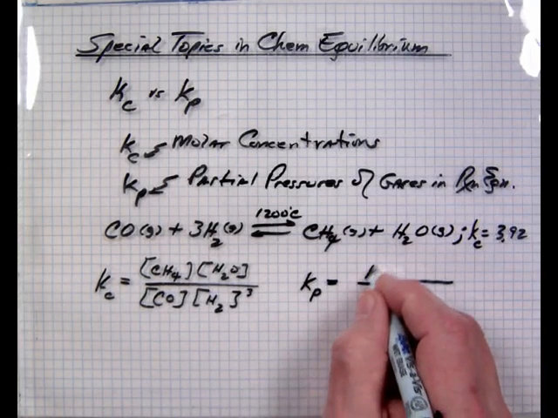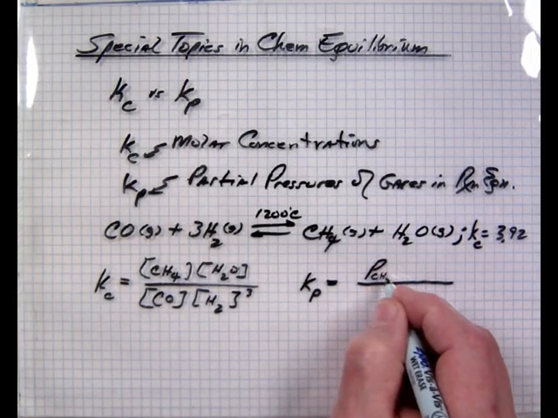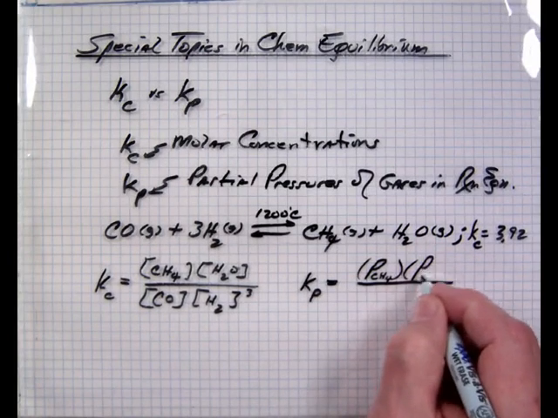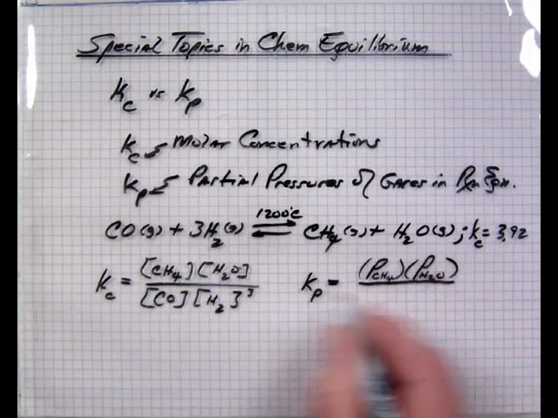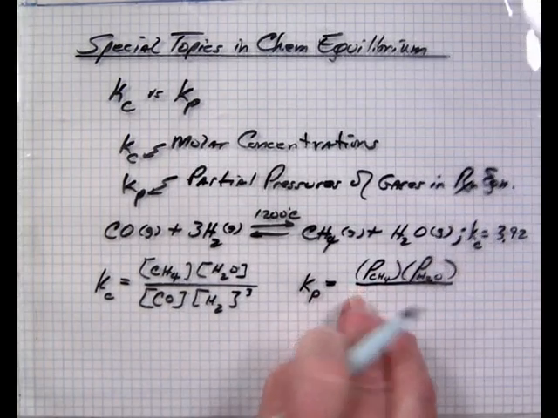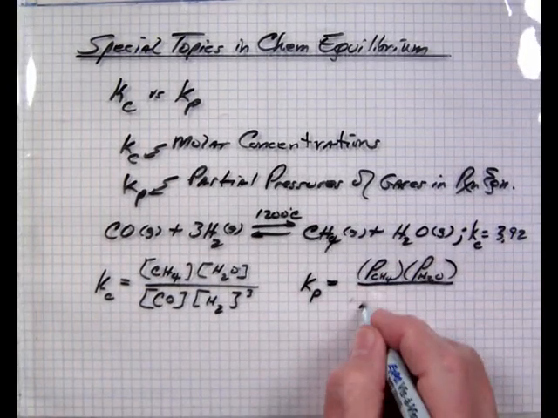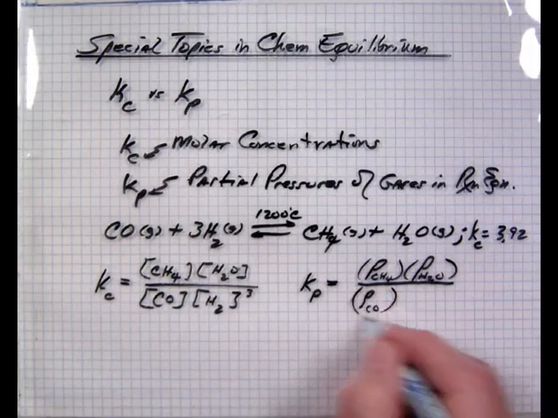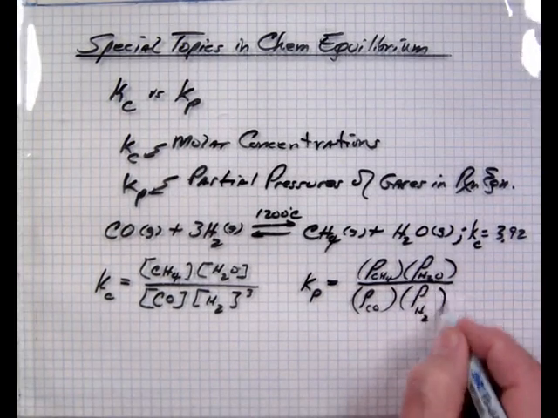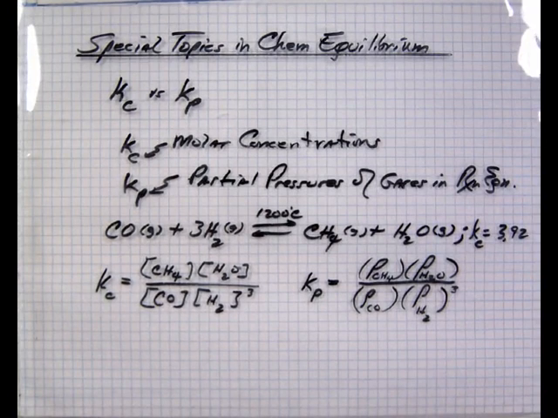So we write partial pressure of CH4, put that in parentheses, H2O, put that in parentheses, and then partial pressure of carbon monoxide, and the partial pressure of molecular hydrogen, and that's cubed, like that.